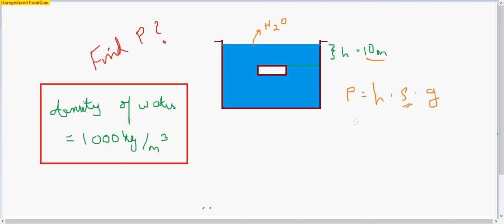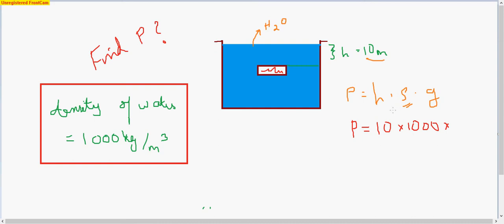So pressure is equal to H rho g. We'll start substituting. H is equal to 10. What is the density of water? 1000. One thing you need to note is that when you calculate the pressure, it's not the density of the wood you use, it's the density of water, because that is the thing which exerts this pressure.